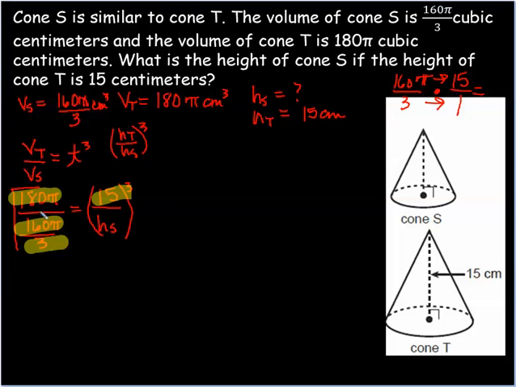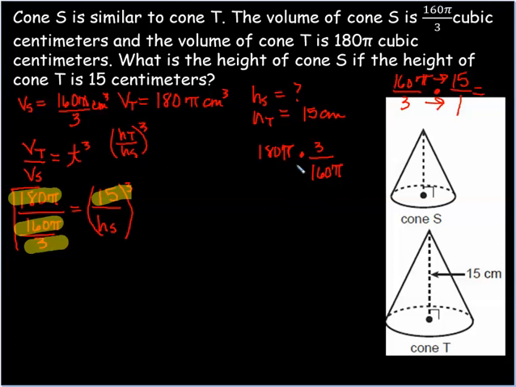If I'm going to reduce that 180 pi over 160 pi divided by 3, you remember when you work fractions, I've got 180 pi, and I'm going to multiply it by the reciprocal of the denominator.